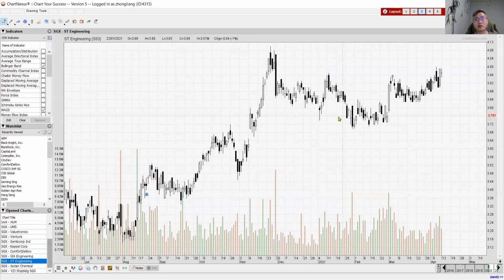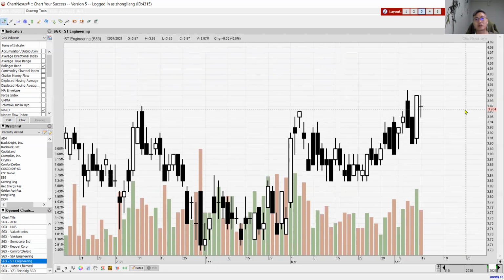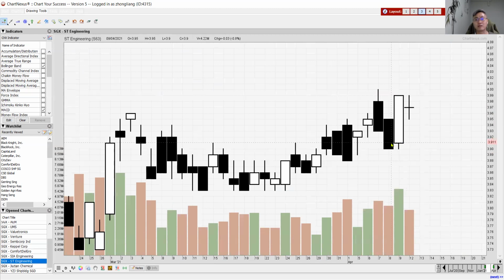And ST Engineering on Friday also did quite well. Basically, what it did was that it managed to open higher and close higher. So the tricky part about ST Engineering is that before this convincing white candle, it was an uncertain period for this counter, where it tended to open higher and close lower, open higher and close lower.